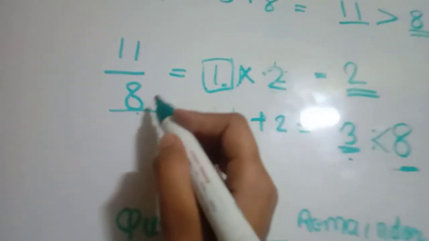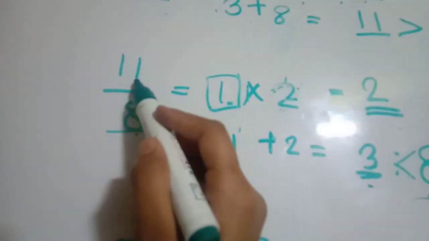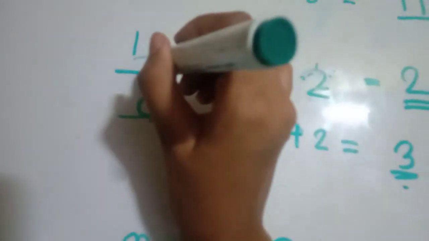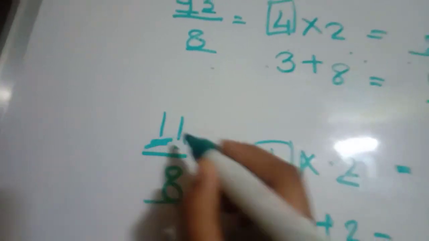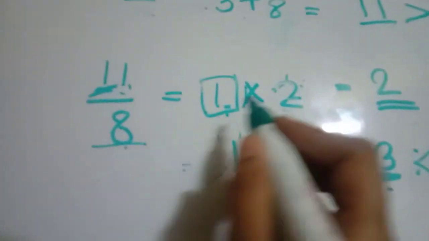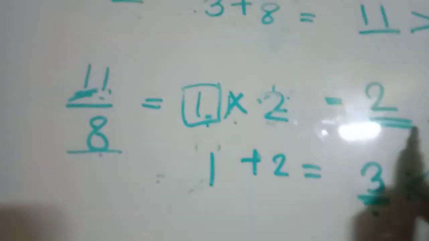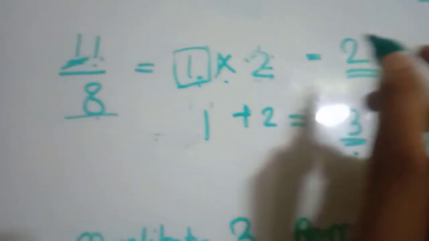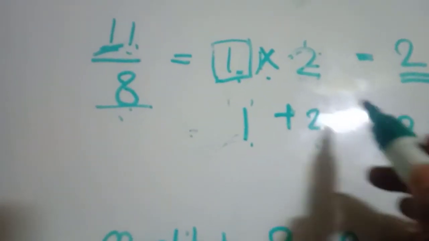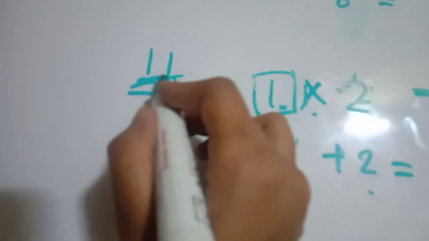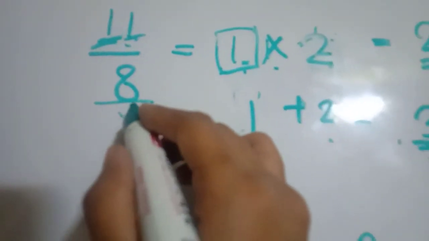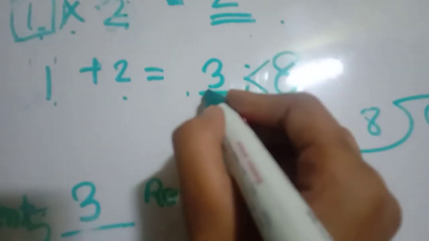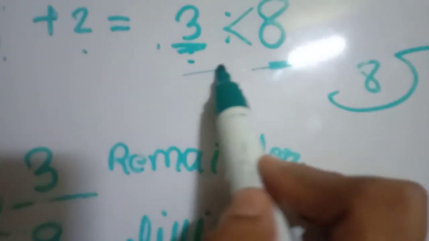So 11 divided by 8, so 1 into 2: the 1 in the units place plus the complement of 8, which is 2. So 1 plus 2 we get 3 as the remainder. 8 is bigger and 3 is smaller than it, so it's correct.